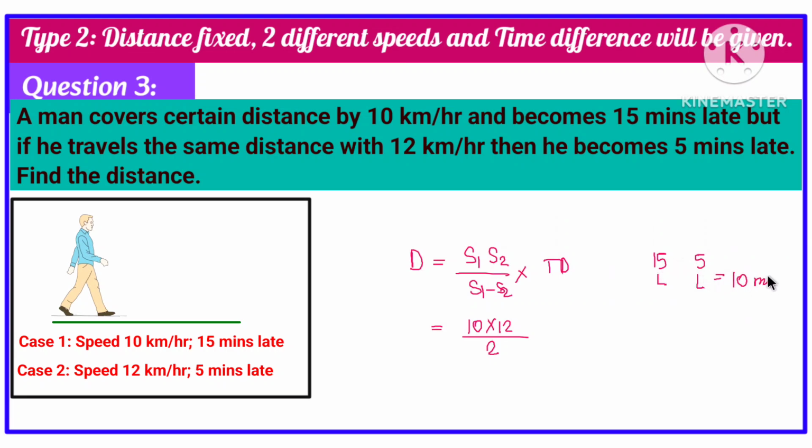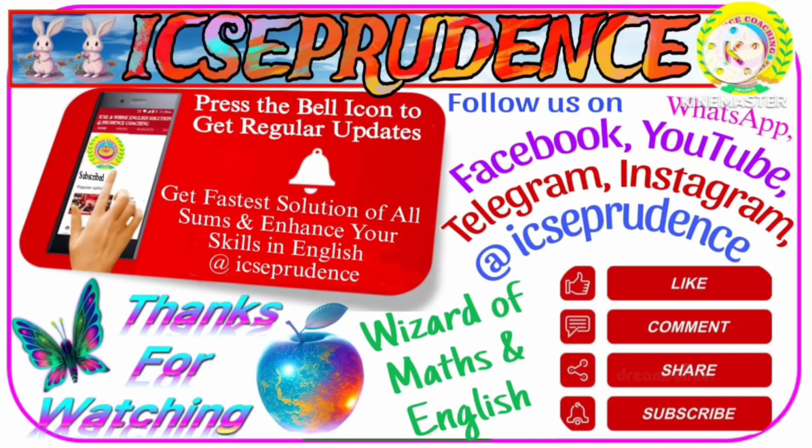But this you will get in minutes, so you are going to divide this 10 by 60 to get it in hour. So 0 and 0 you can cancel. 6 into 2 is 12, 2 and 2 you can cancel, so you are getting 10 km as your final answer. So with this we come to the end of type 2.